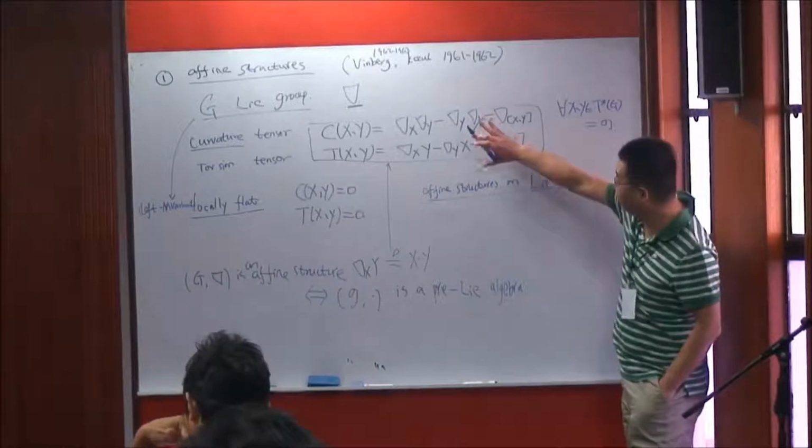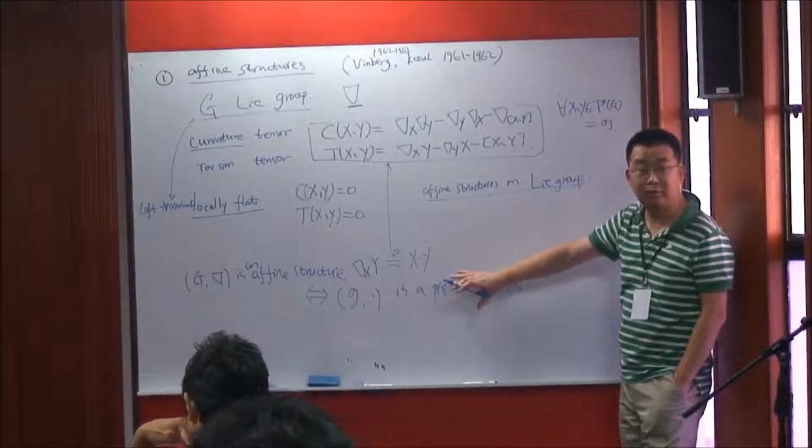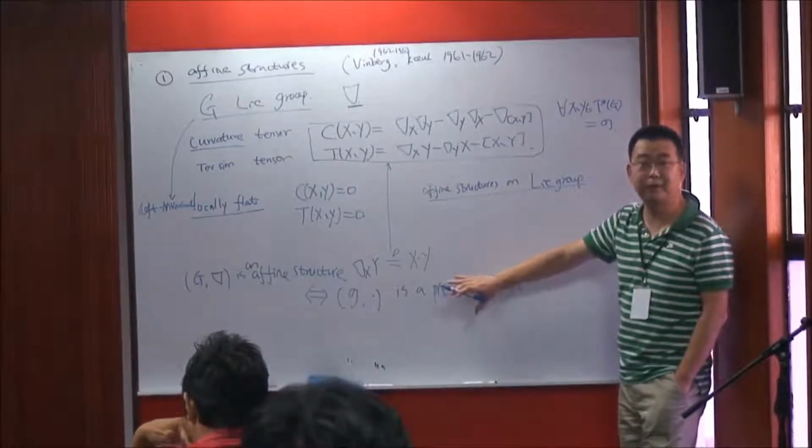In this sense, we can see the affine structure of the group is equivalent to the pre-Lie algebra.